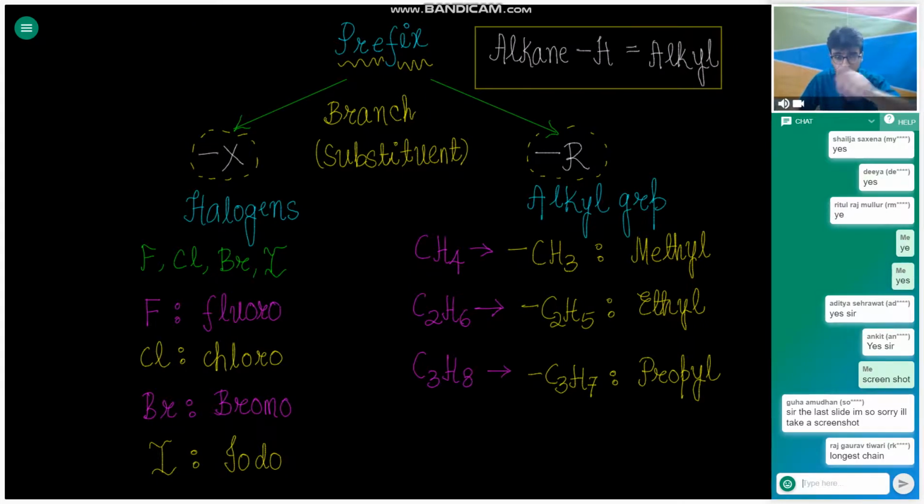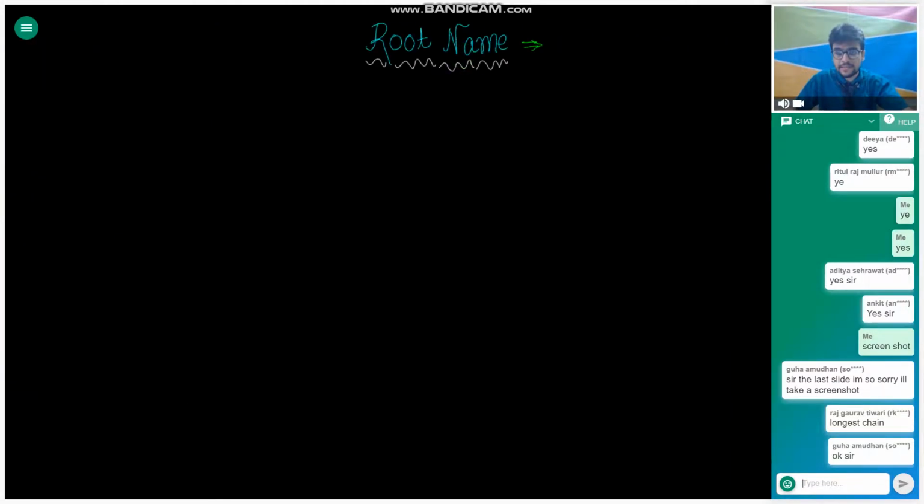Okay, Guha, again I have gone back for you. Yes, Raj Gaurav, you are right. So basically we write the root name only. Please write this down. Nobody knows this, you can read from anywhere, this point is not written, and everyone gets it wrong.